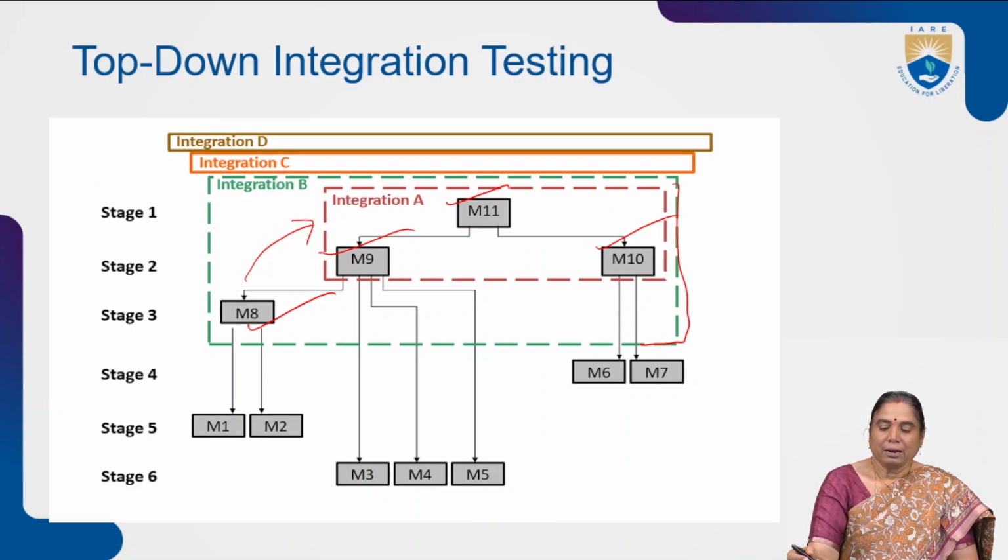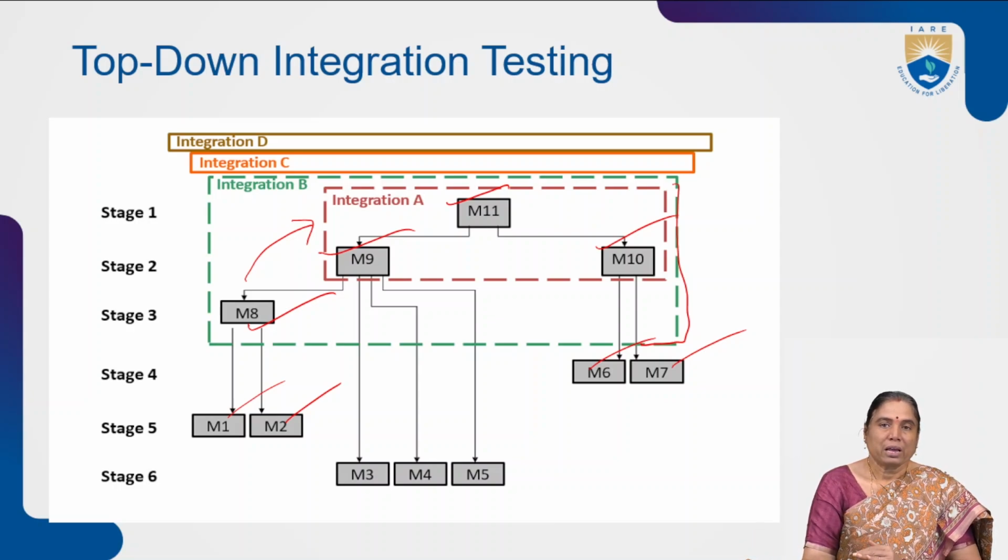Next, the next tree level modules M6, M7 are considered, and later M1, M4, M5, one after another in ascending order, starting from the root level of the tree and continuing until the leaf level of the tree.